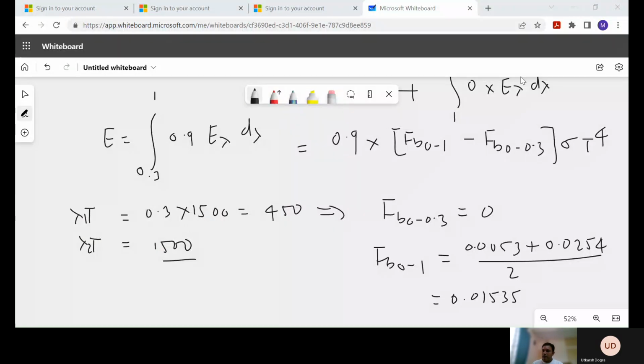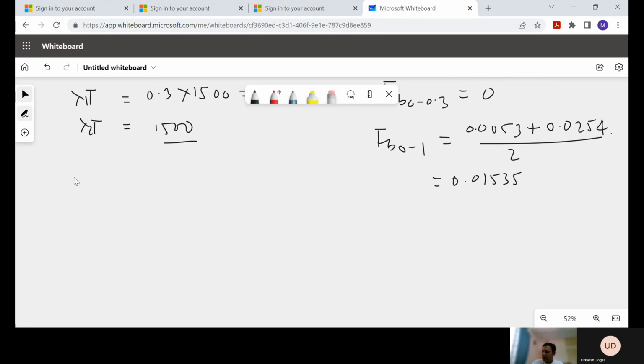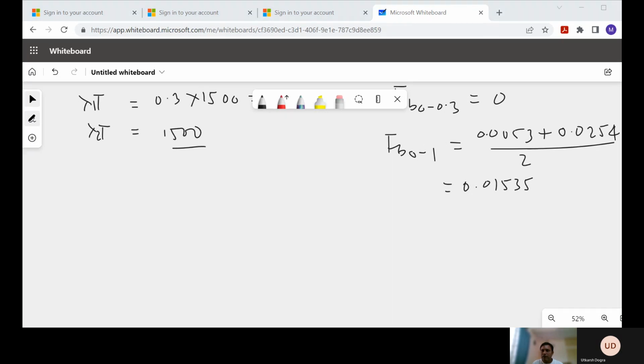So based on that, we have obtained this. Is the whiteboard visible? Now the calculations are very easy. Once we get this, we can obtain E as 0.9 into F B 0 to 1.